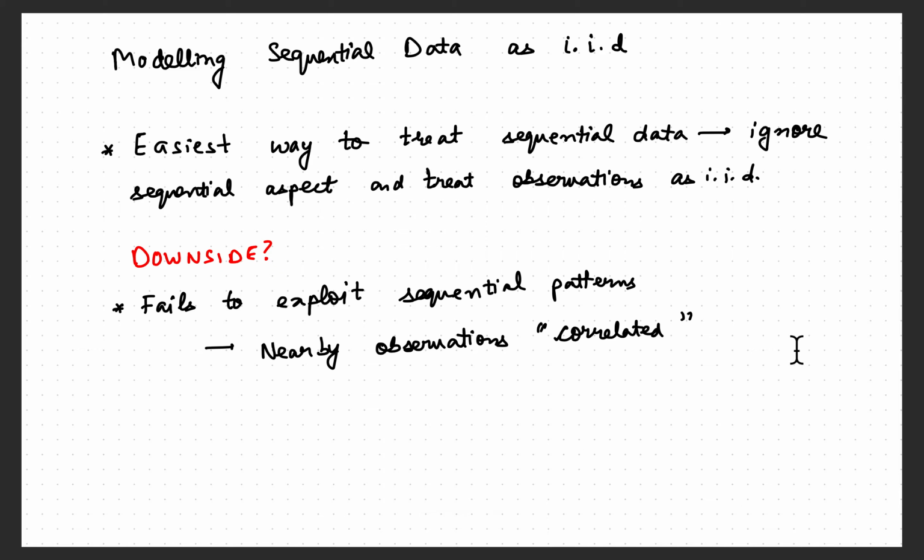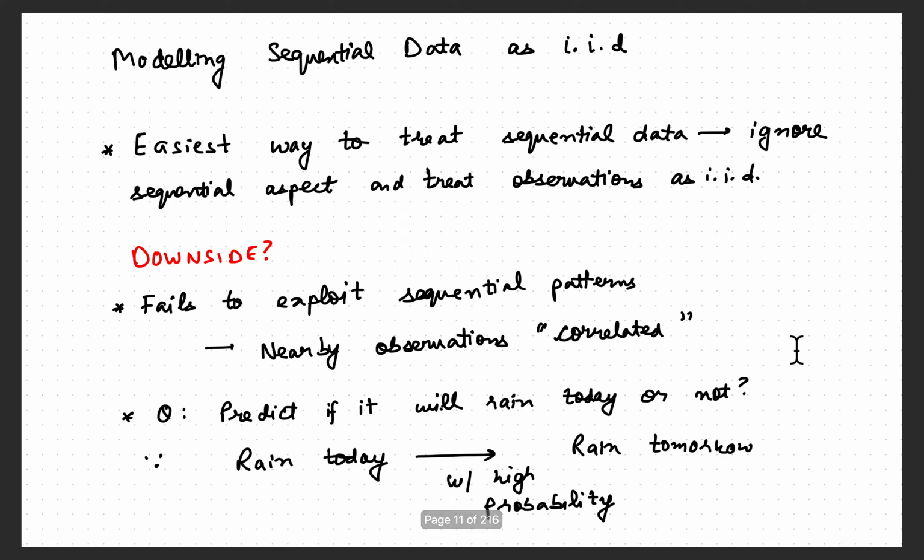So the most important reason why this is not a very good idea is because it is failing to exploit the sequential patterns which exist in the data, which is to say that nearby observations are going to be correlated. This is going back to the example which I was giving just a few minutes back.